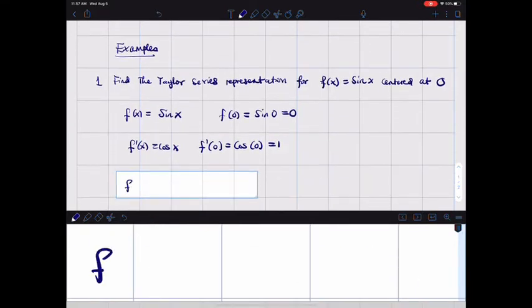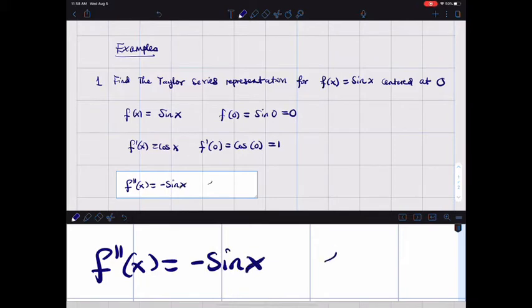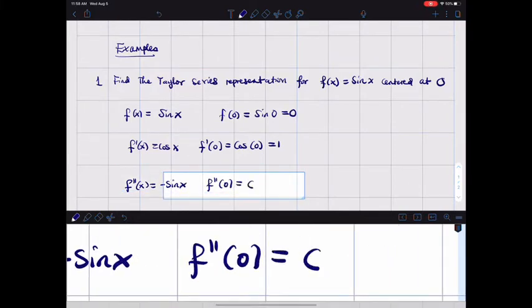We have f double prime is negative sine x. f double prime at 0 is equal to 0.